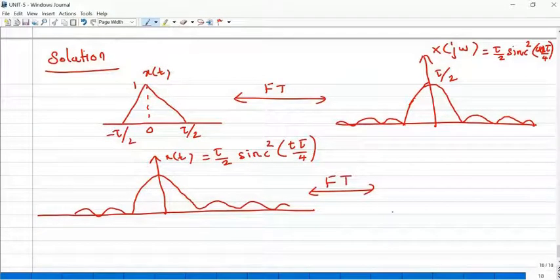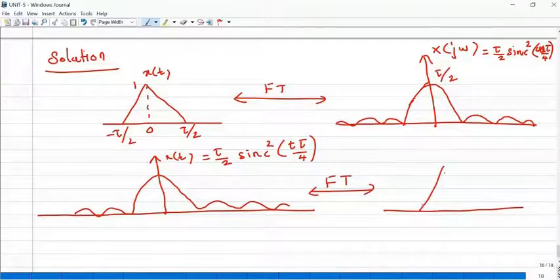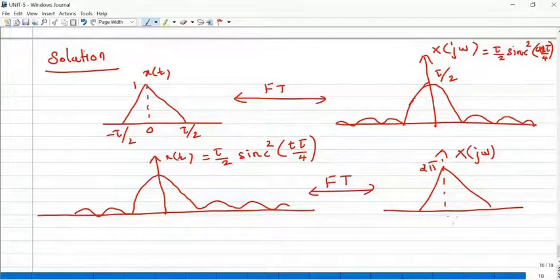Now the Fourier transform result is X of j omega, this is 2 pi at 0, from minus tau by 2 to tau by 2. Please remember, for sinc square of t tau by 4, the Fourier transform result is a triangular pulse with a magnitude of 2 pi at omega equal to 0.